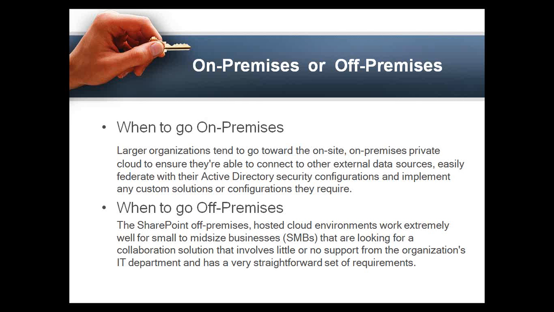That means, let's say, any bank or possibly any telecommunication company will never go off premises, because of the security model; they want total control over their data and over their operating system, whoever is logged in, and so on. Small and mid-sized businesses could go off premises because it gives a collaboration solution that involves little or no support from the organization's IT department and has a very straightforward set of requirements.